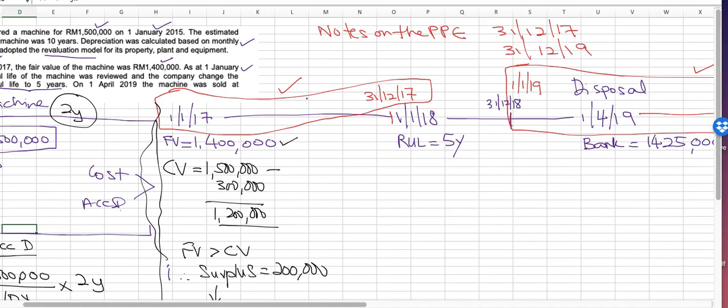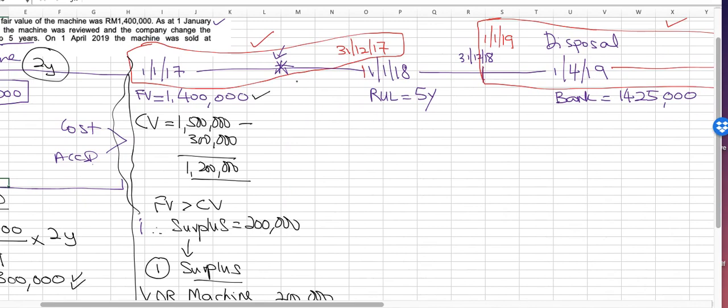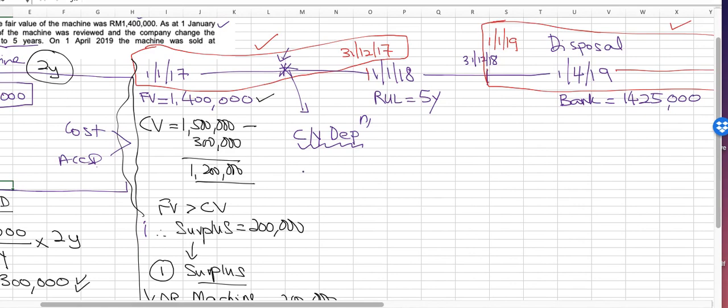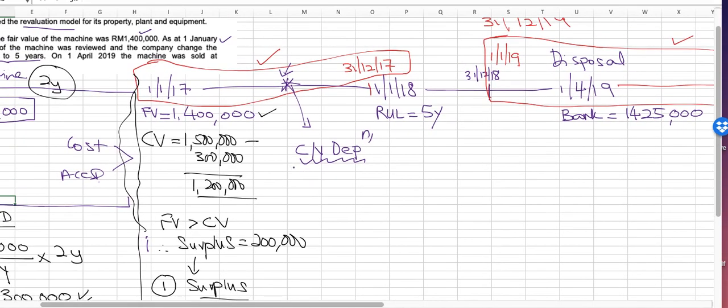Okay, so what do you do during the year? At the end of the year, you have to calculate the current year depreciation for 2017. So how do you calculate depreciation? Okay, remember, this is a revaluation model. So after you revalue, if you refer to the question, there are two methods to measure the PPE, either cost model or revaluation model.